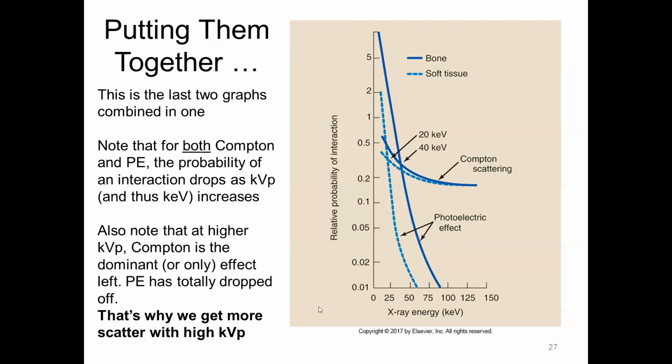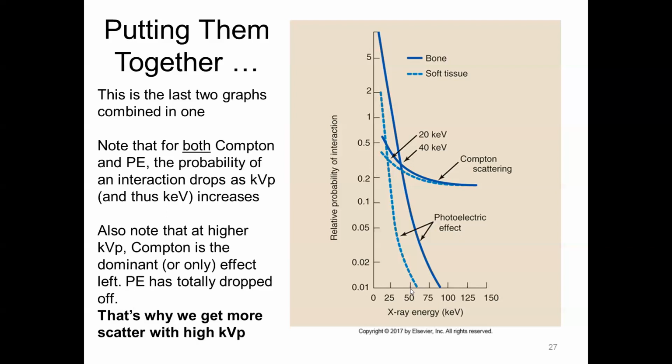When you put them together, you can see that at higher energy levels, photoelectric has dropped off completely. Let's back up. Let's look at an exposure made at 50 keV.